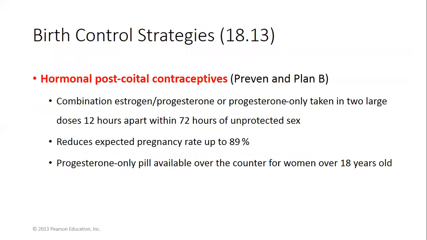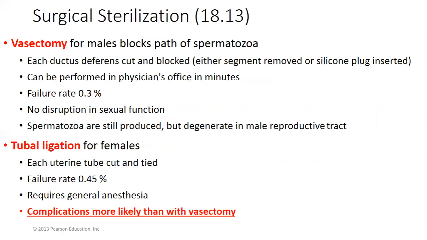It reduces expected pregnancy rate by up to 89%, but it has to be taken in 2 large doses, 12 hours apart, within 72 hours of unprotected sex. It is over the counter for women 18 years of age or older. But again, it's not recommended to do that. Try to be protective in advance.